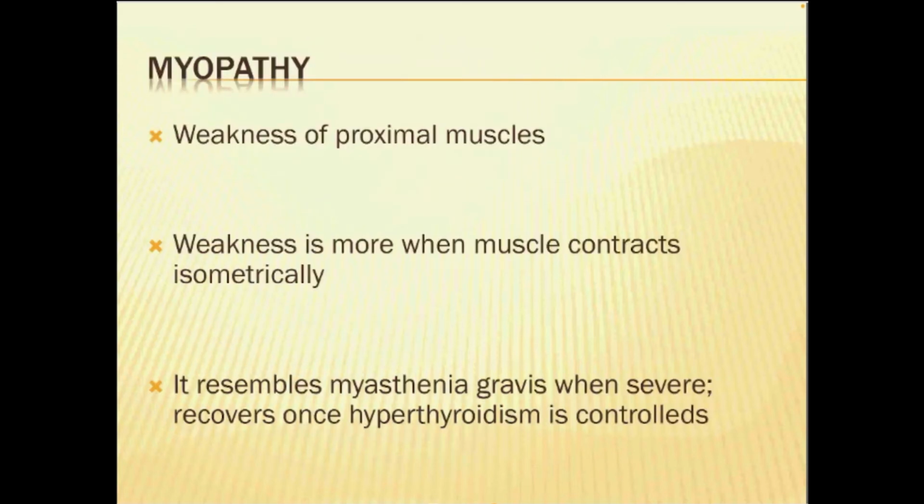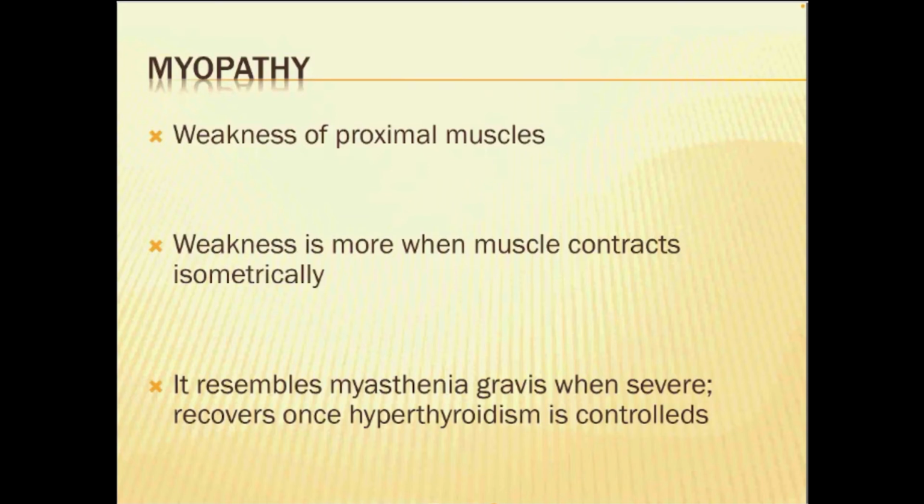And myopathies. What is the effect of thyroid hormone, or what are the manifestations of hyperthyroidism in muscles? This causes proximal muscle weakness. Note this point: there will be proximal muscle weakness rather than distal muscle weakness. Weakness is more when the muscle contracts isometrically.